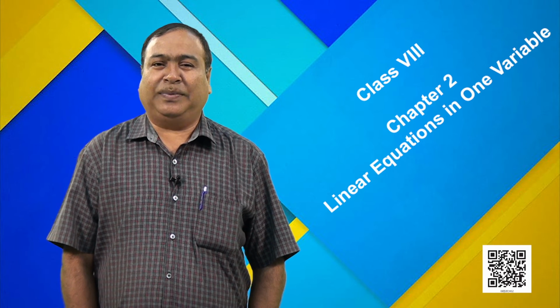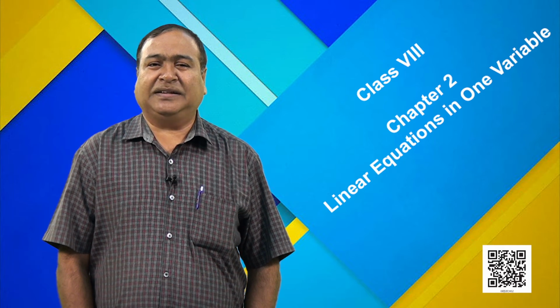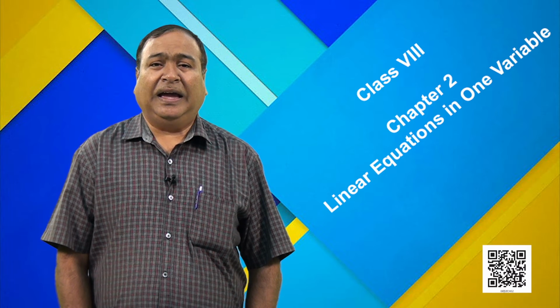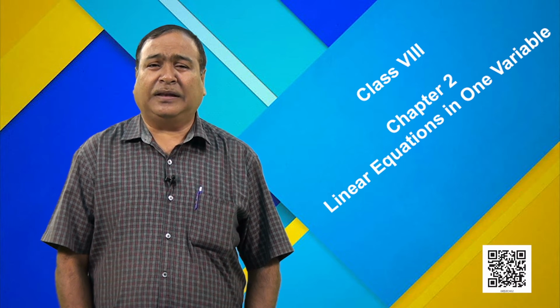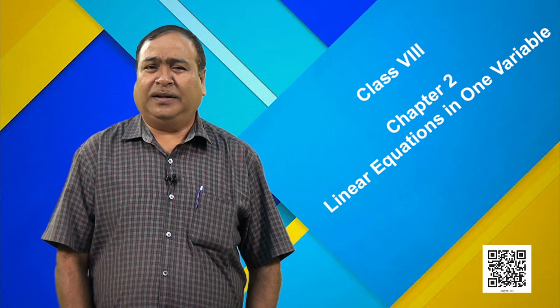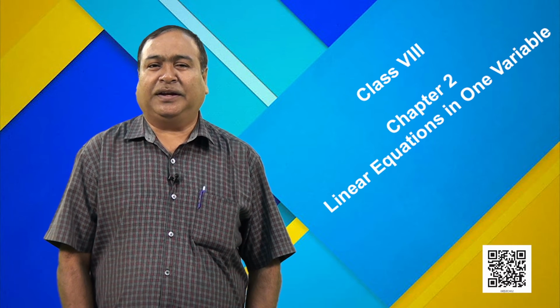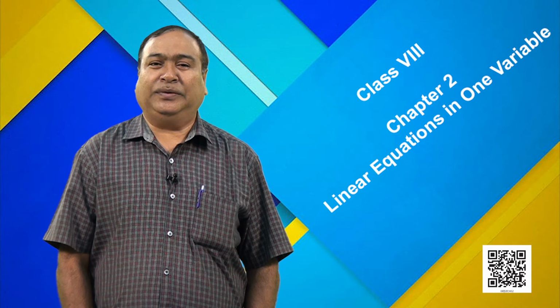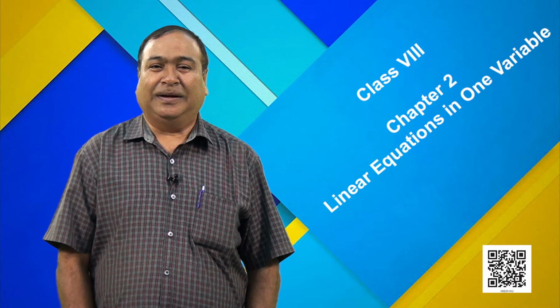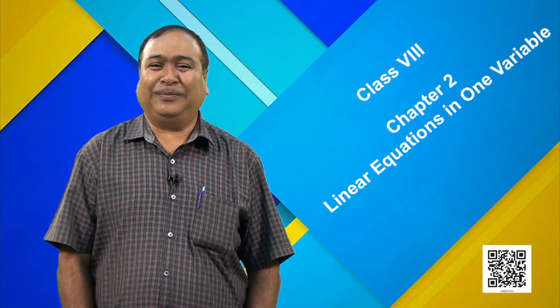Here in the last example, that is 2x minus 3 is equal to 7, x is equal to 5 is the solution. Note that this solution may be a positive integer, a negative integer, 0, a fraction, or any real number. Are you surprised?